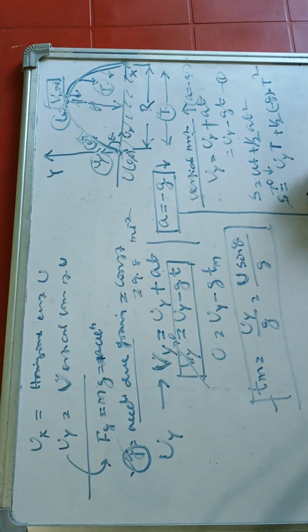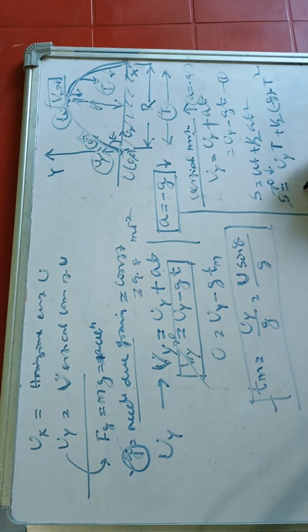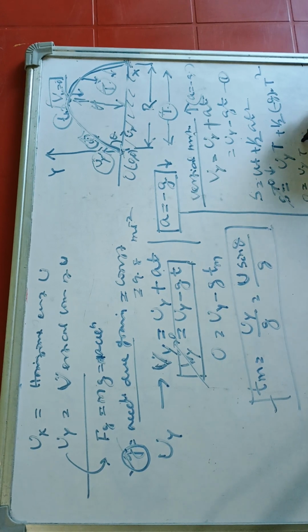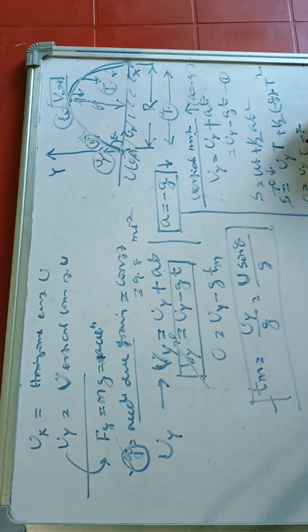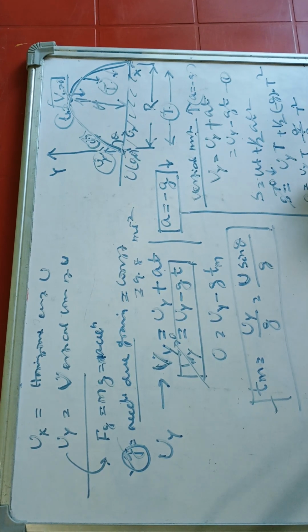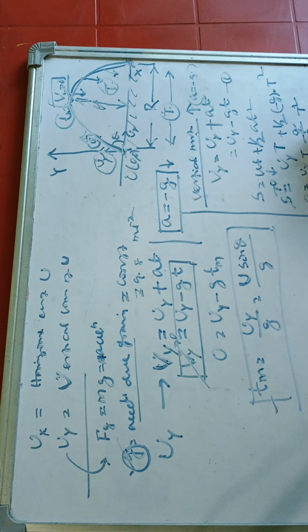Now in that case, 0 becomes uy t minus g by 2 t square, or g by 2 t square is equal to uy times t.